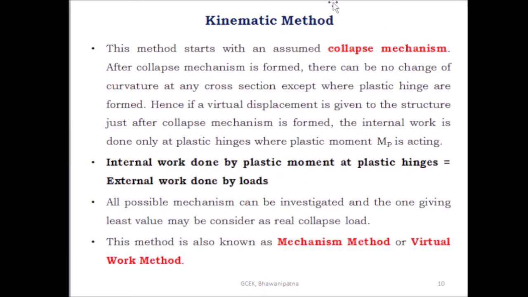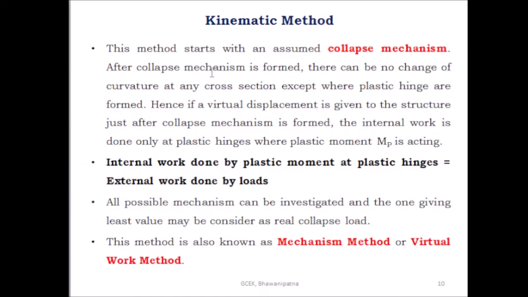Then coming to the second method, the kinematic method. The kinematic method is always based essentially on the assumption of a mechanism. Therefore, for the application of this method, it is imperative to know the possible types and number of mechanisms.